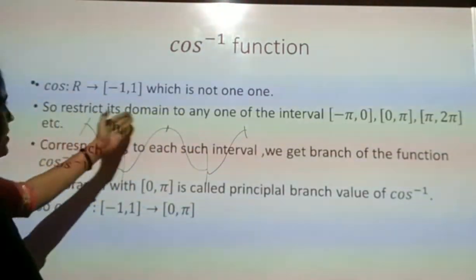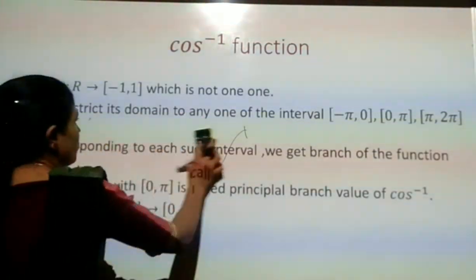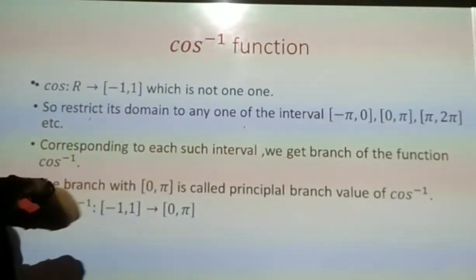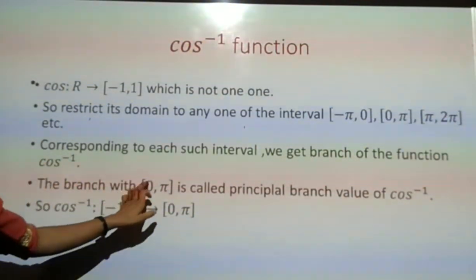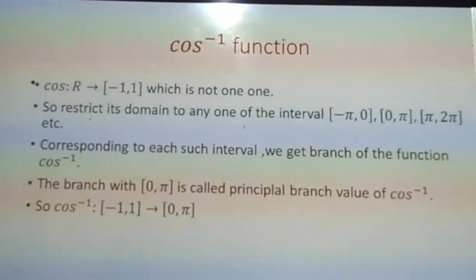So there are many intervals where we can restrict its domain. Corresponding to each such interval we get a branch of the cos inverse function, and the branch with 0 to pi is called the principal value branch of the cos inverse function.